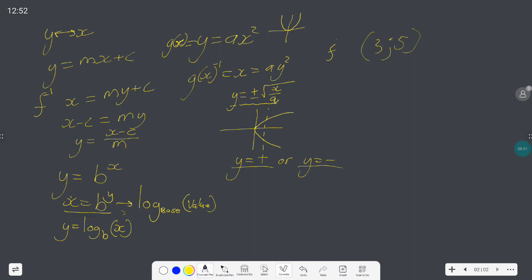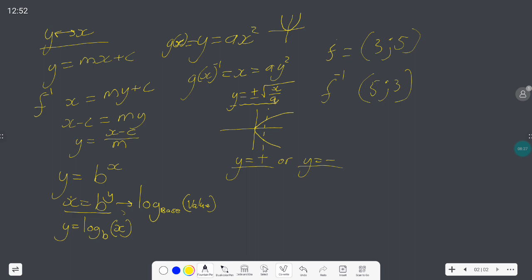So for the function of f. If I want to get the inverse of f, what will be that same coordinate? What happens with an inverse function? y and x swap. So in this case, it will be 5 and 3. So this is inverses. Only thing that happens is x and y swap.